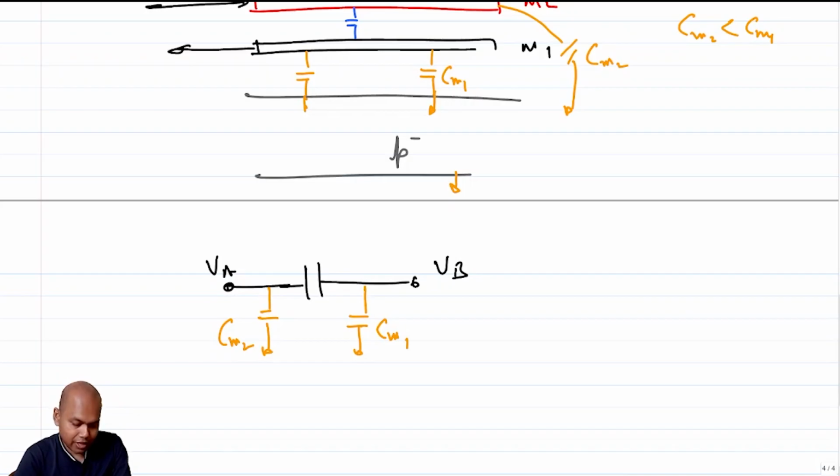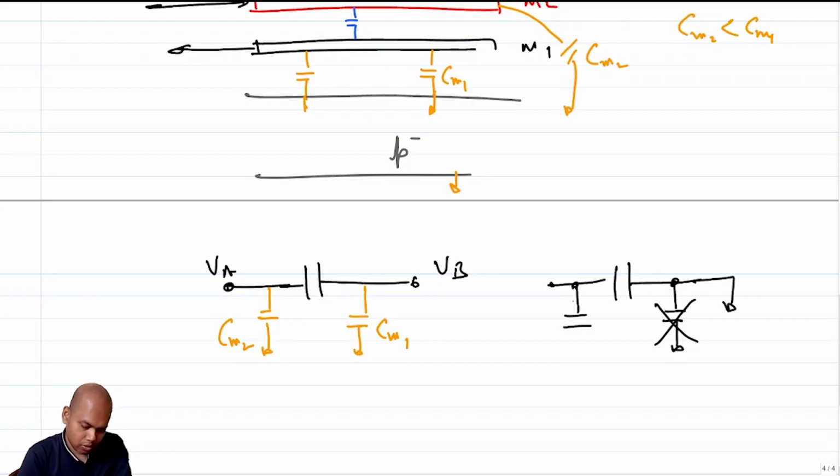So if let's say VB is supposed to be grounded, then what happens? Then this CM1 comes in parallel, but CM1 doesn't matter because this is anyway grounded, so this goes off. This CM2 comes in parallel to C and it adds up to C, right? No issues. So this is grounded capacitance.